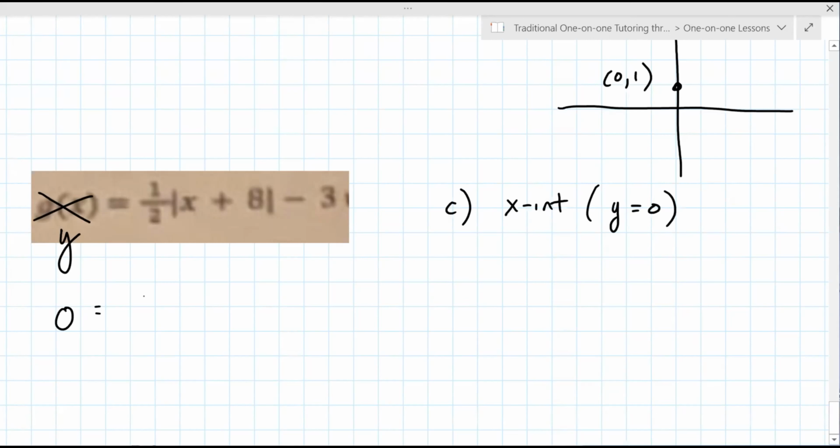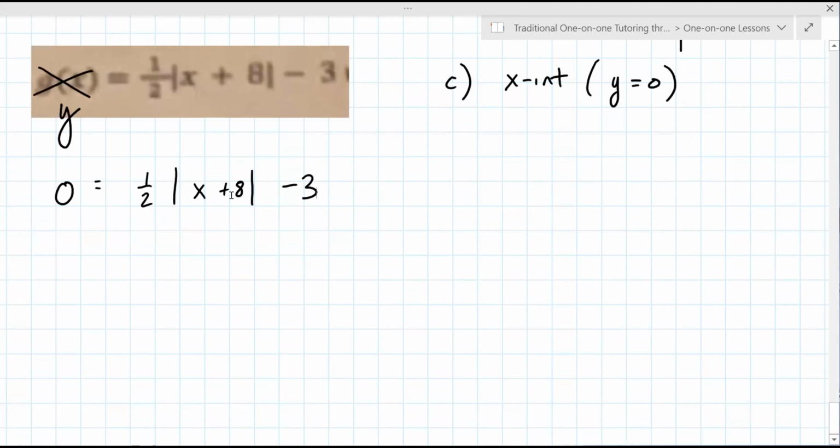0 equals 1/2 absolute value x plus 8 minus 3. So then, if it's not equals -3, then you have to do, oh my god, I just forgot its name.